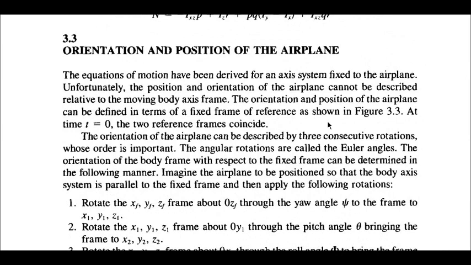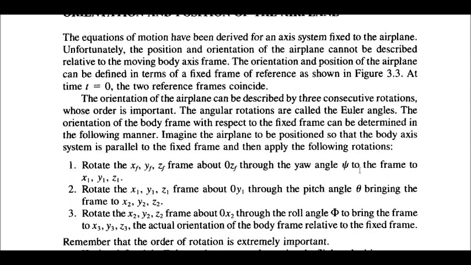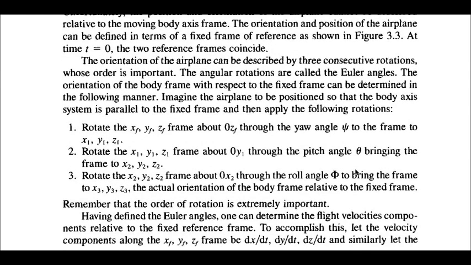Now, we have also another reference, which is a fixed axis or earth axis. So this is the problem, because for the fixed axis there are Euler angles, whatever you call it.